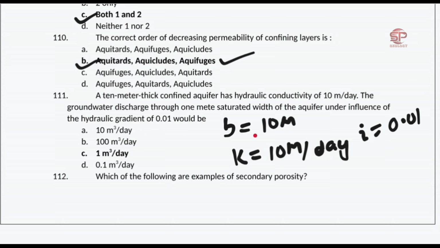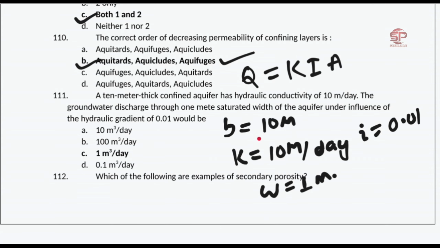Then width is given as 1 meter. You can calculate by this formula, Q equals KIA. The area we can calculate from thickness and width. If you solve this, the answer will be 1 meter cube per day.